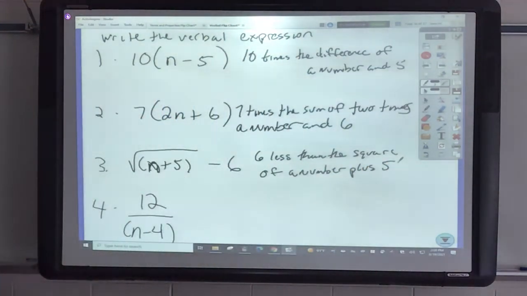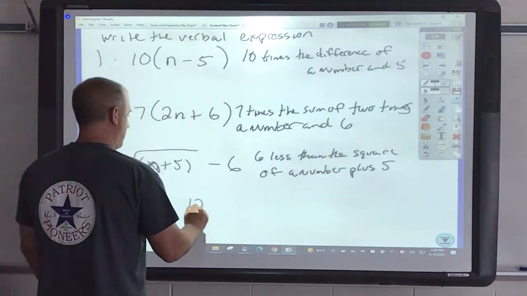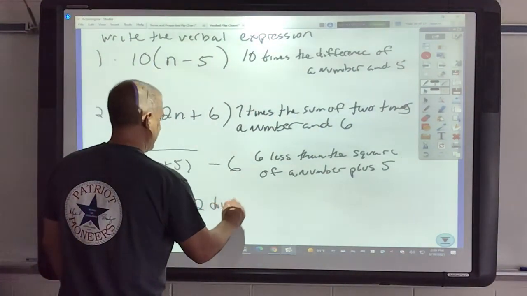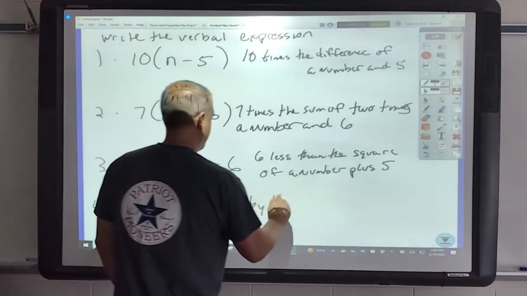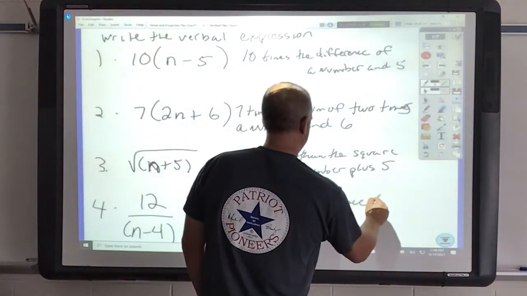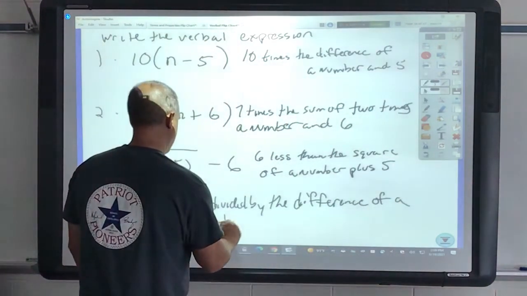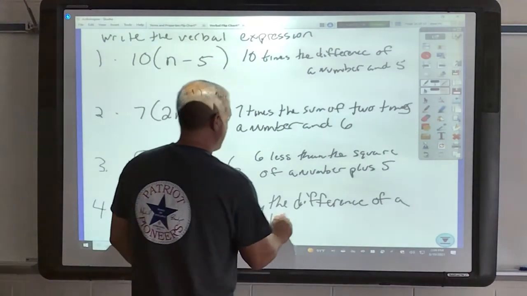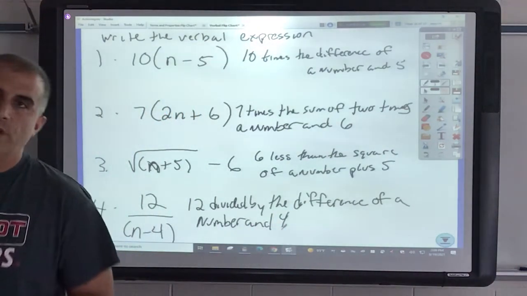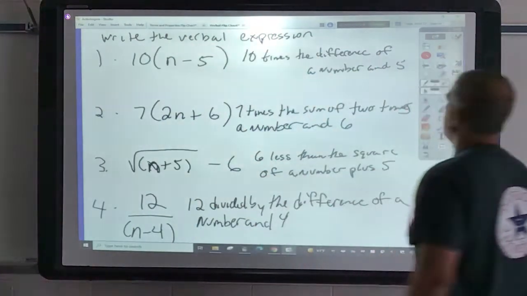This one would be 12 divided by the difference of a number and 4. Once again, not overly picky, as long as your words match up with what you have. And I think this is the last page.